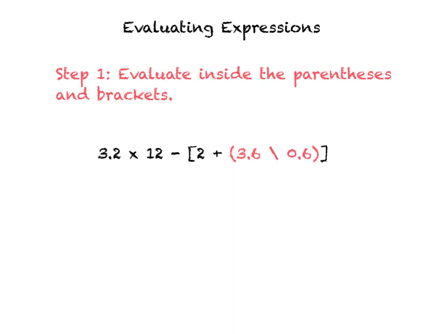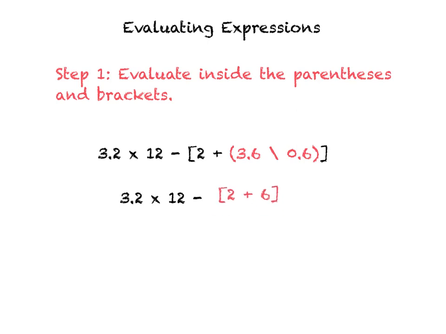Those brackets are telling me that I need to work in this part of the problem first. So I know that's the part of the problem I need to start working on, so I'm going to start there. I'm going to start with my parentheses because my order of operations says parentheses first. So I'm going to start by dividing 3 6/10 divided by 0 6/10.